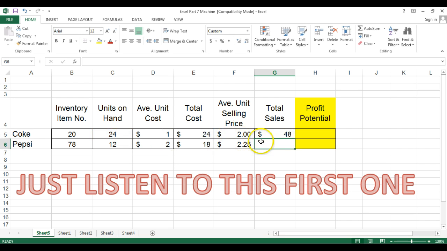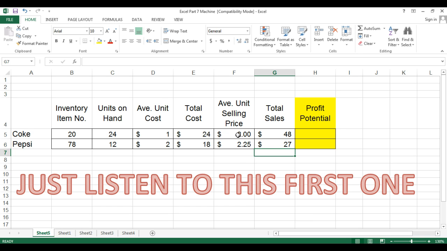Okay, so let's do that again. We'll do equal sign. Start with the neighbor, and notice that sales and selling, same thing. Then we're going to use our units on hand. You're always going back to that units on hand. So what we did to get our total sales is we took that price that we set.